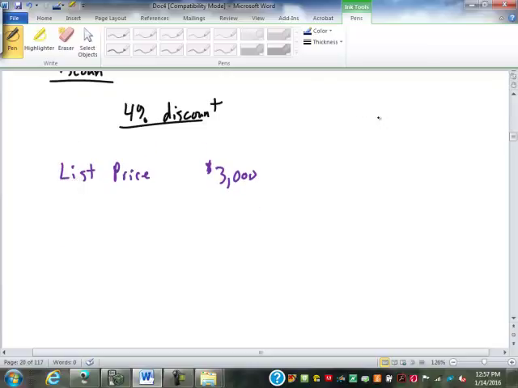Well, you get your 4% discount, so you're going to pay less than $3,000, right? So your 4% discount, how would we find your 4% discount? 4 over 100 equals blank over 3,000. Or you could just do 0.04 times 3,000 if you want to use the rate method, right? What's that come out to be?